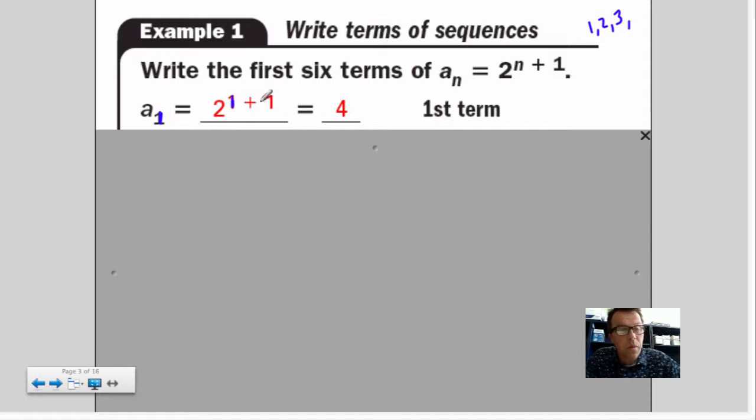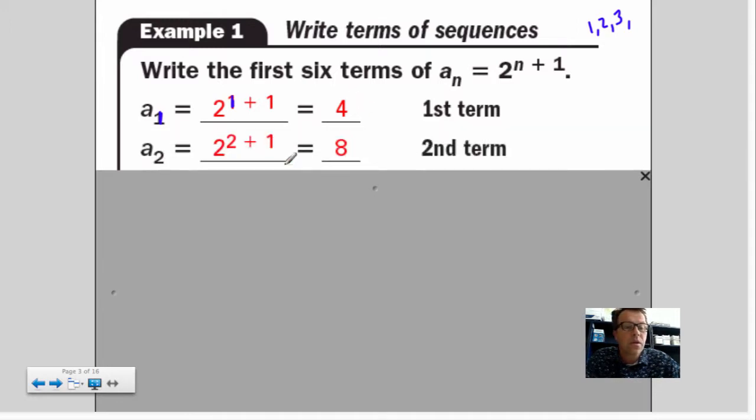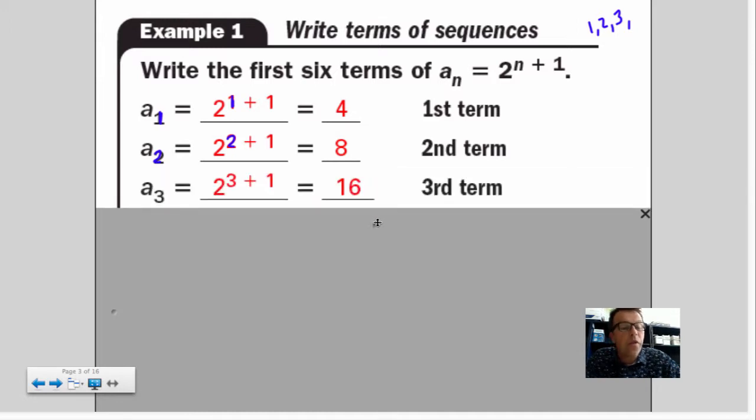So this should be 1 plus 1 is 2. 2 to the 2 is 4. I have my first term. Let's do the second term. So now we set n equal to 2. We then substitute in 2 for n. 2 plus 1 is 3. 2 to the 3 is 8. And that is the second term. Third term.